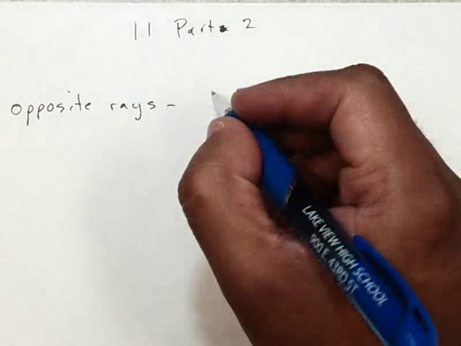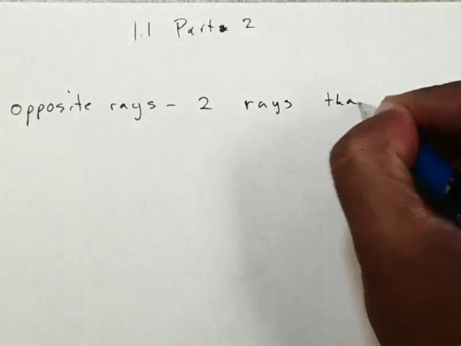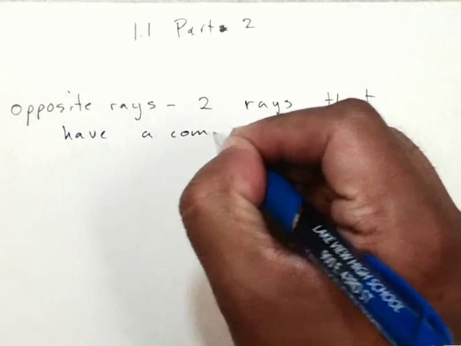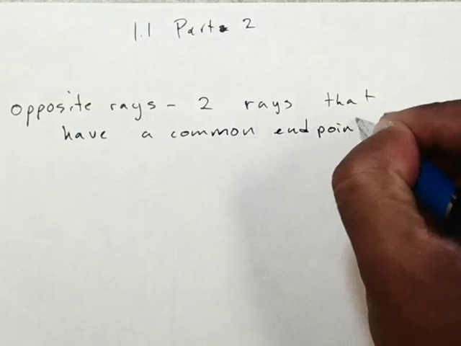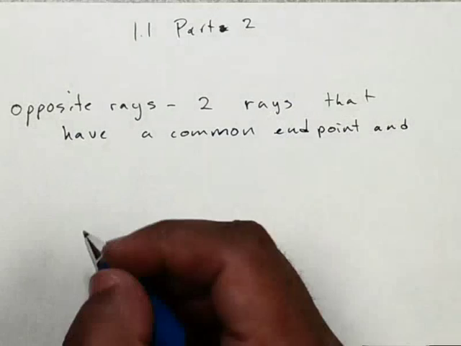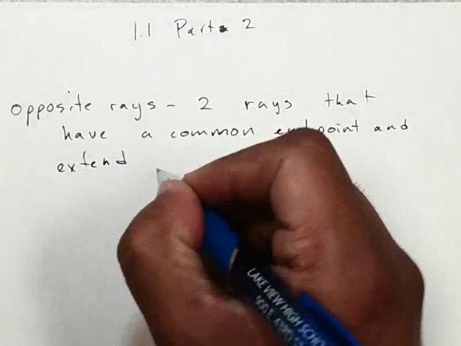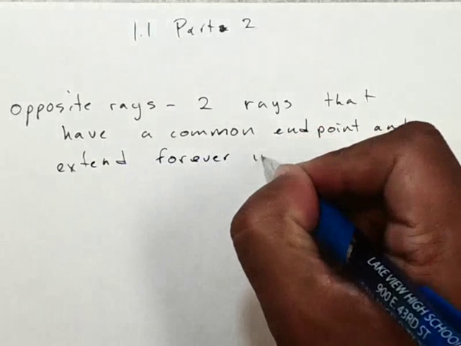All right, opposite rays are two rays that have a common endpoint and extend forever in opposite directions.